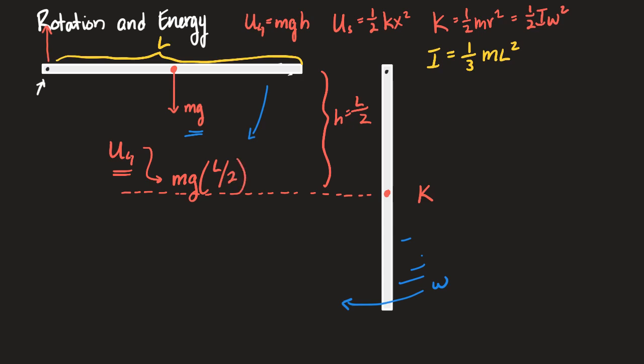Now, when it makes it to the bottom, it definitely has kinetic energy of 1/2 I omega squared. So if I want to figure out how fast it's going, mg L/2 has to equal 1/2 I. Now I know I can put in that 1/3 ml squared here.